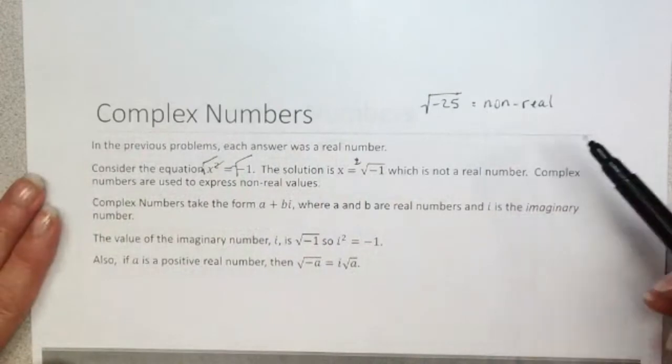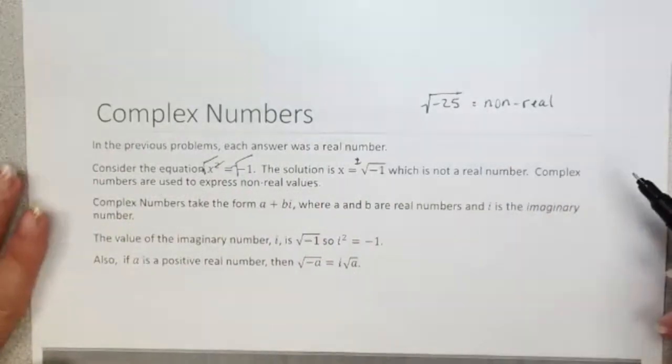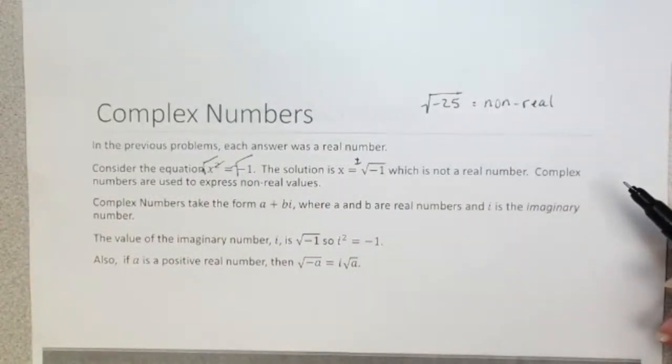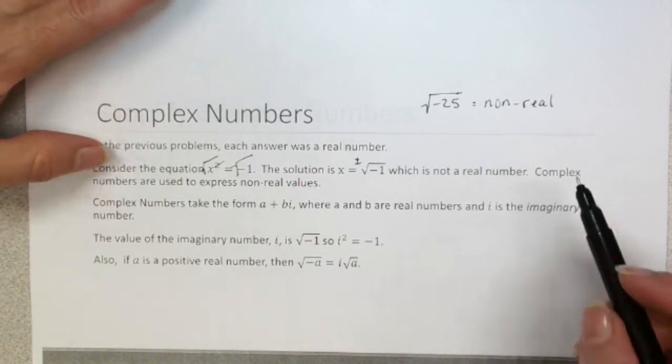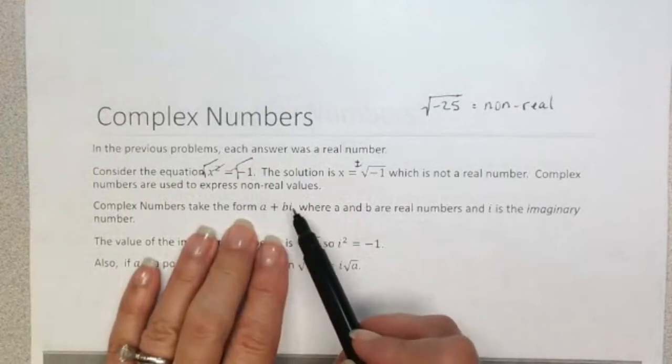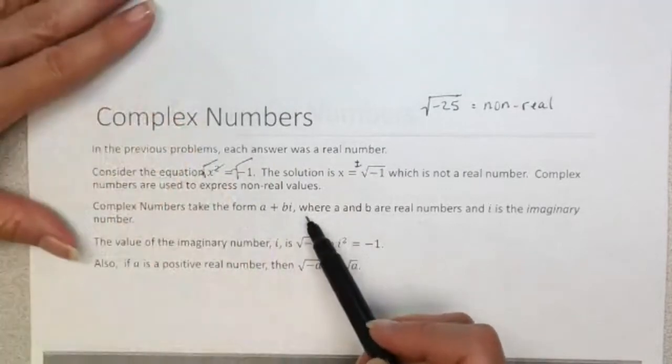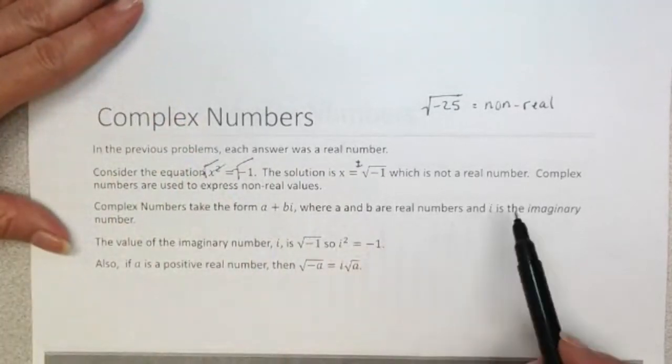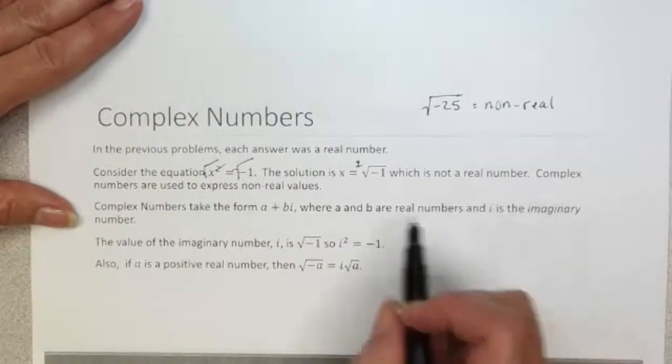So when we find ourselves in this situation, we introduce the concept of complex numbers, and in particular, we introduce the imaginary number to enable us to continue with our calculations. All right, complex numbers take the form a plus bi, where a and b are real numbers and i is the imaginary number, right?